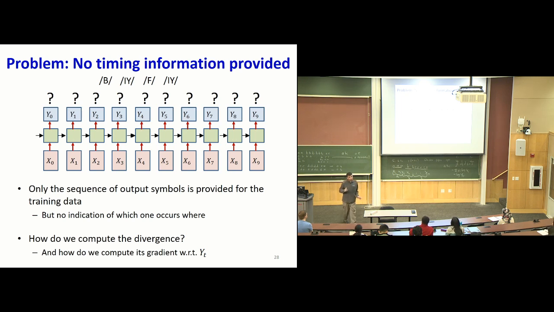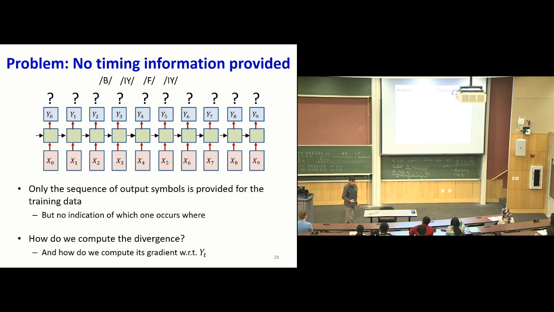Here is the actual problem. If somebody were to provide you training data, they are only going to provide you the input of the kind that they really want as a response from the network, right? So they're going to give you the speech recording and say, this is the recording, hello world. Nobody's going to tell you, here's where the word hello ended, here's where the word world ended.